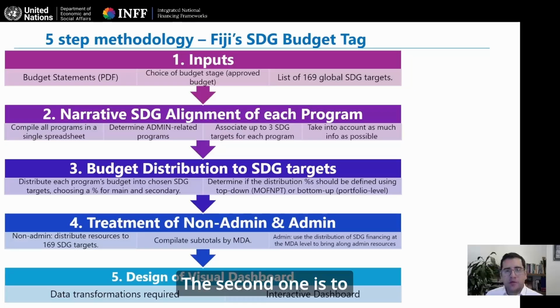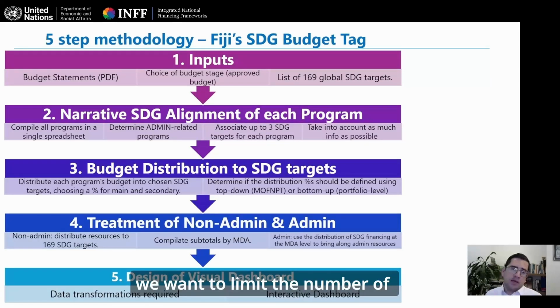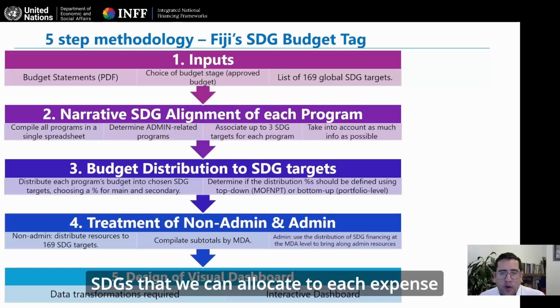The second one is, at a narrative level, to allocate each expense line to multiple SDG targets. It could be one, it could be three. We want to limit the number of SDGs that we can allocate to each expense.